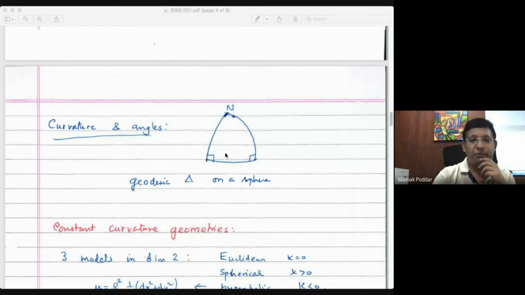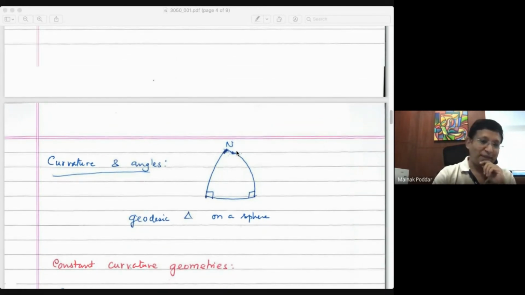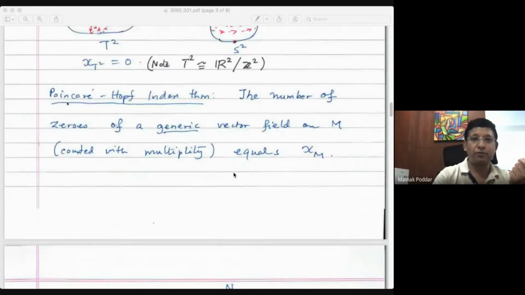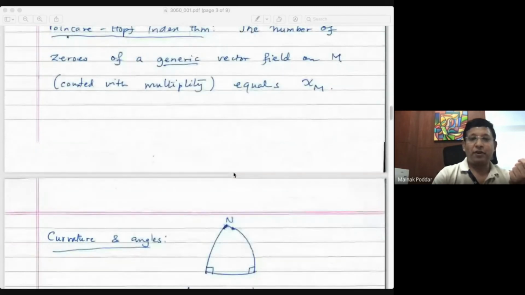But in a Euclidean space, we know that the total angle of a triangle is 180 degrees. And this is precisely happening because of curvature. If you know how the total angle of the triangle depends on the Gaussian curvature, you can prove the Gauss-Bonnet theorem, because the Euler characteristic is related to the triangulation, right?